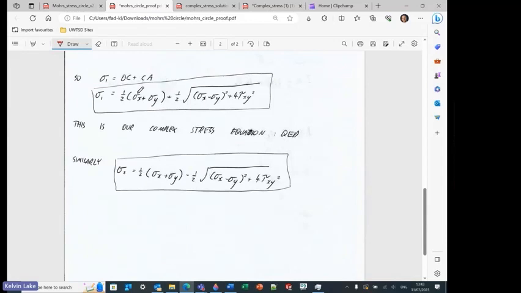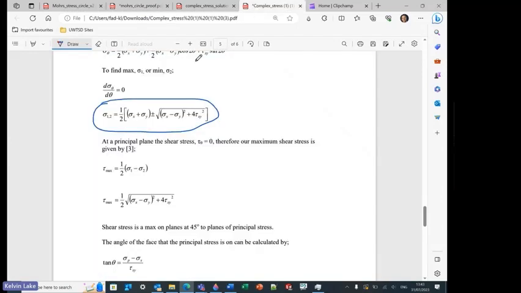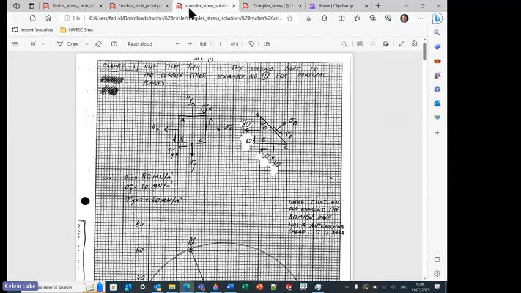Hopefully you can see there that reading information from my circle is exactly the same as using these equations here. We've shown that is true for sigma 1 and sigma 2. You can also show that for the maximum shear stress and so on. Okay, so let's now have a look at those.